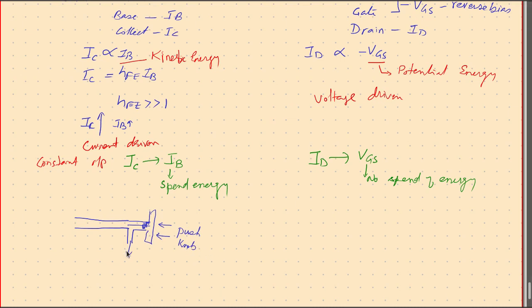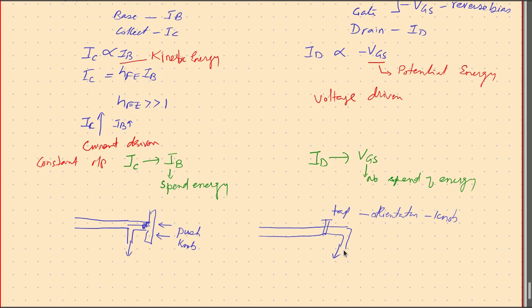Push the knob, water flows. As long as you want water to flow, keep pushing this. So that is one way of controlling the flow of water. Another way of controlling the flow of water is a regular tap. Here the orientation of the knob will decide whether the water will flow or not. In one orientation, water will flow.